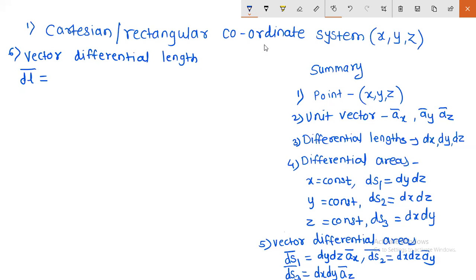So from that we find the vector differential length, dl bar, is equal to dx a bar x plus dy a bar y plus dz a bar z, right? So this is the vector differential length, and the last one is the differential volume.